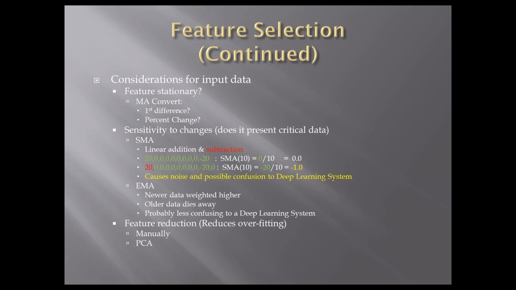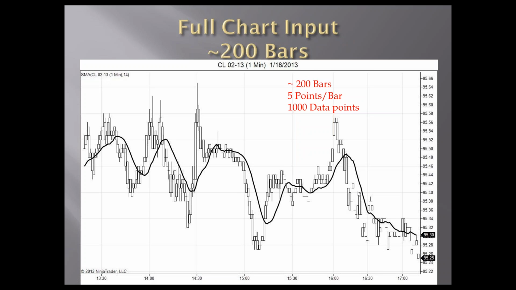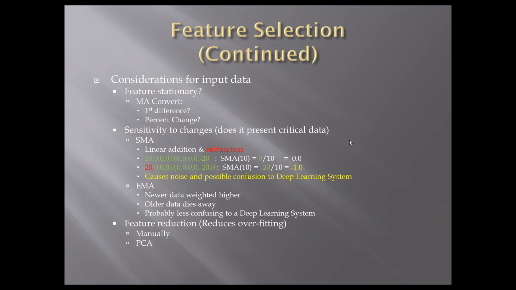So, as we talk about feature selection, we also need to talk a little bit about stationarity. As you can see from this chart here, the SMA is not stationary. Stationary ultimately means that it has a zero mean over its time period. And the moving averages tend to not do this.